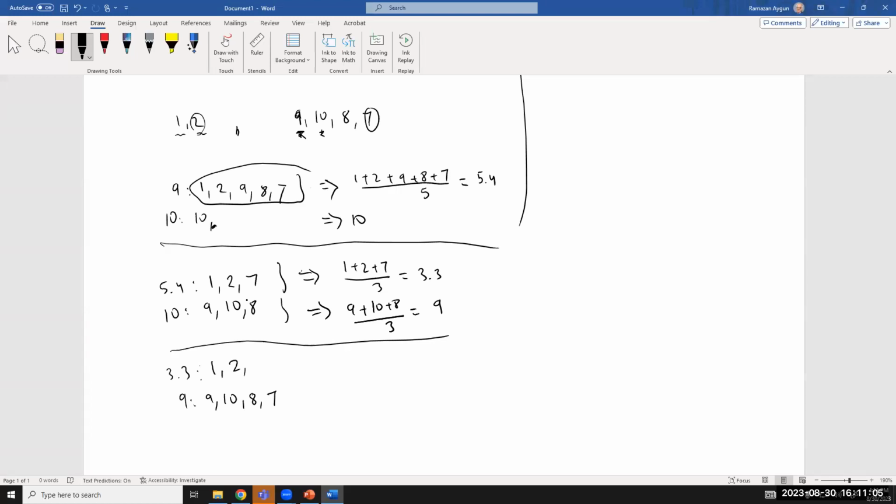So I'm able to generate my clusters, although I started with wrong initial clusters. So the system can adapt itself. This is the power of this algorithm. When you measure distance here, you just do 9 minus 1 is 8.